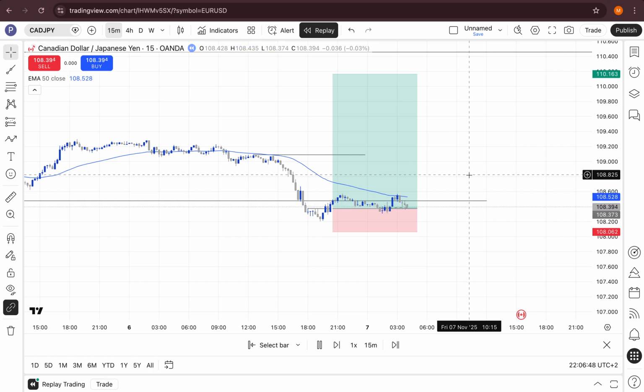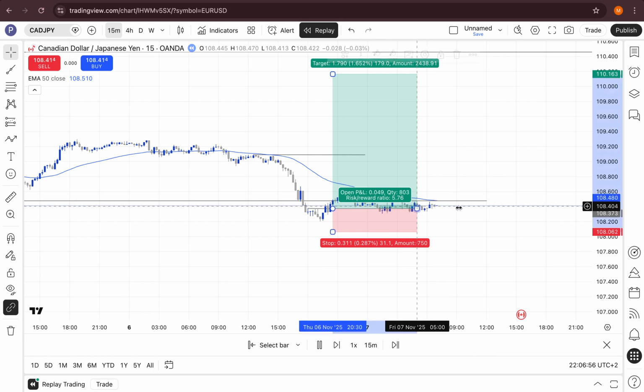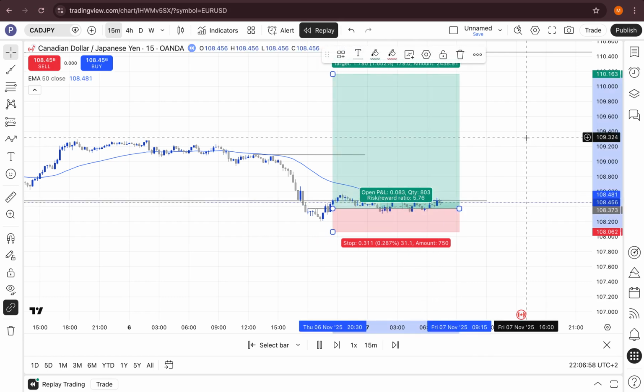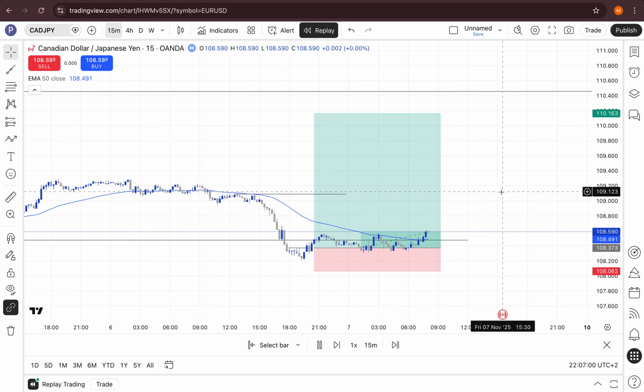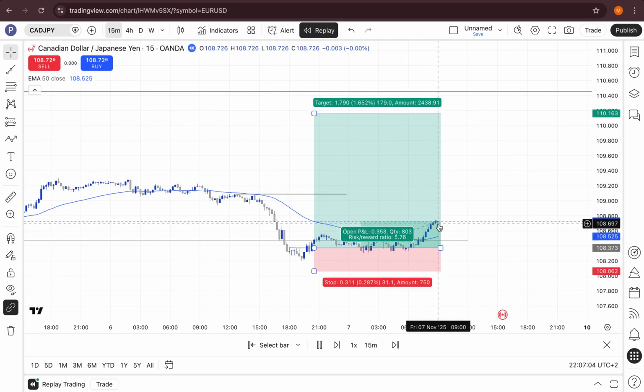You have to allow the drawdowns because that's part of trading. If you hit a stop loss, so what? You just look for another trade with the trading setup. You can see how nicely the market is moving using that simple strategy.